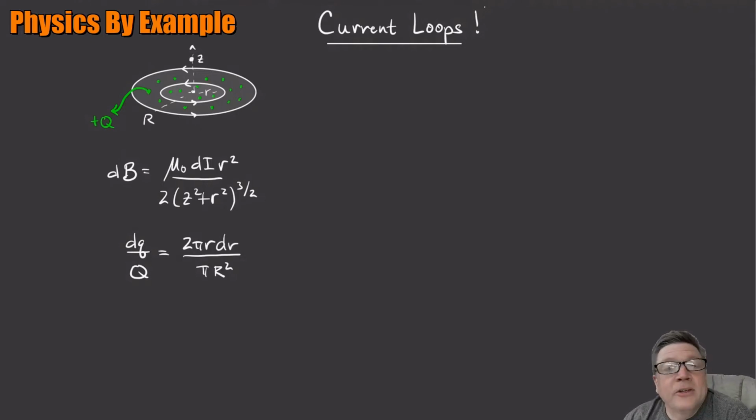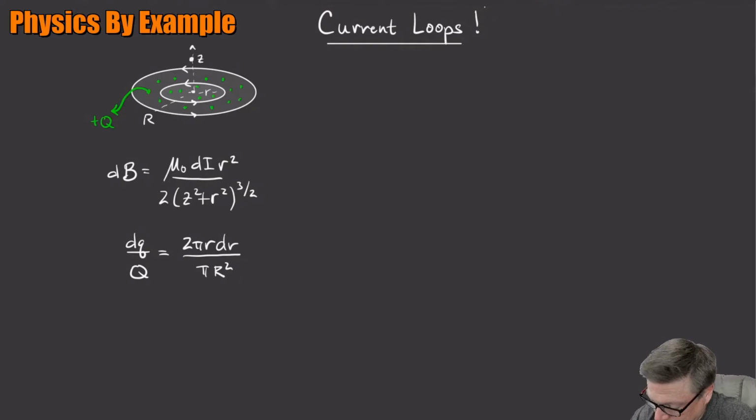We're doing this because we want to be able to switch variables. We want to express dI and dq in our magnetic field, dB, and then integrate them all. So once again, a little bit of charge compared to the whole charge is like a little bit of area for one ring compared to the whole area of the disk.